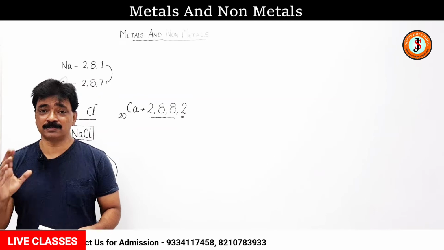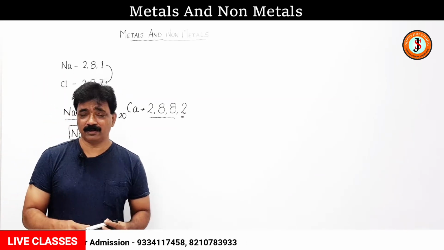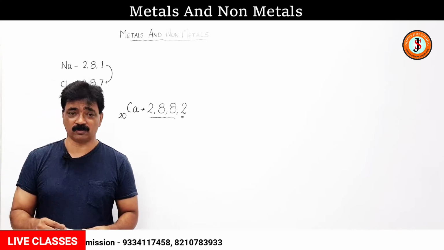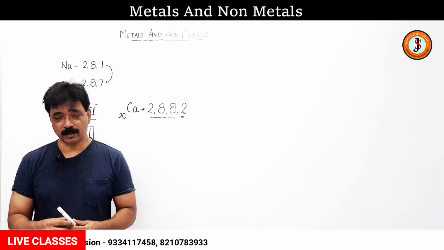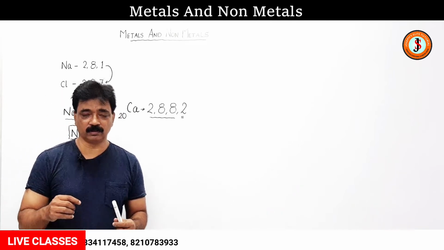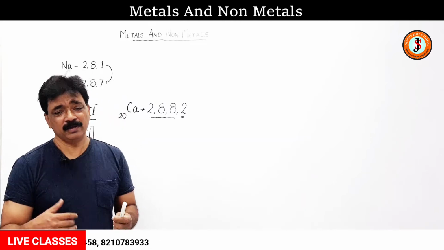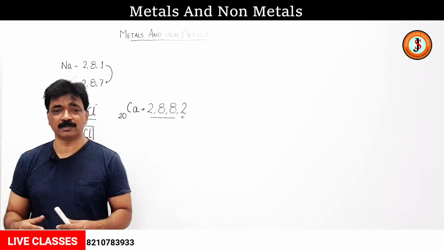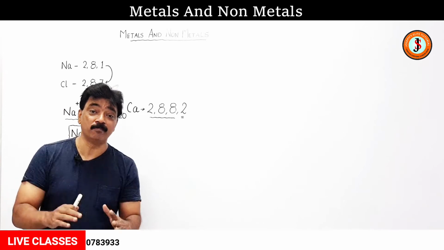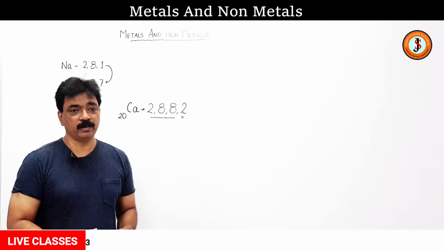But hydrogen is a non-metal because during bond formation it either gains or shares electrons. And helium is an inert gas. Normally noble gases can be considered not metals, so we call helium a non-metal.